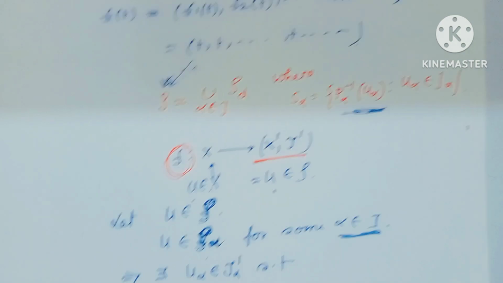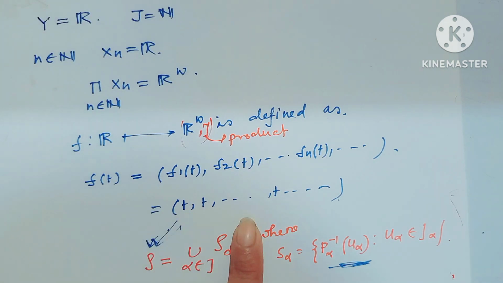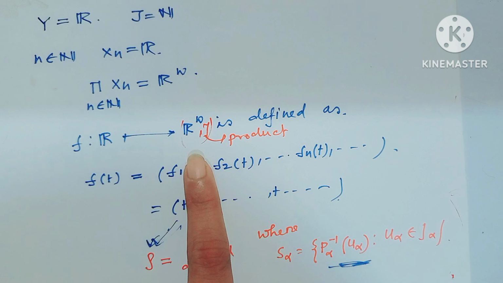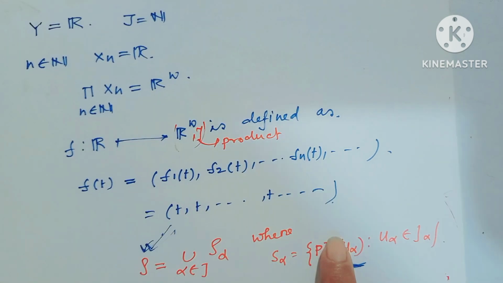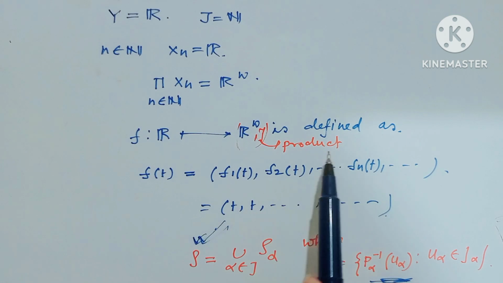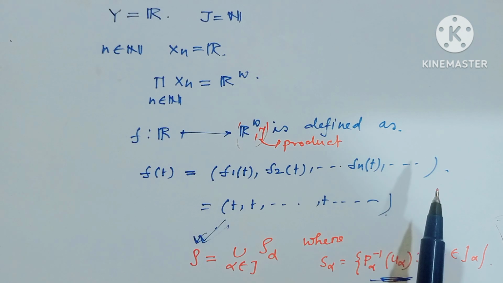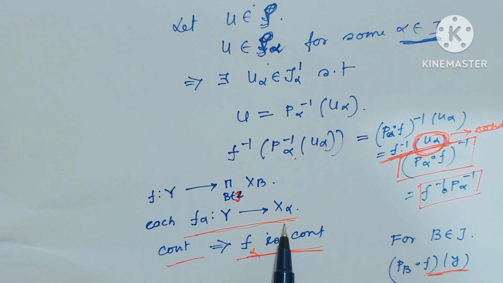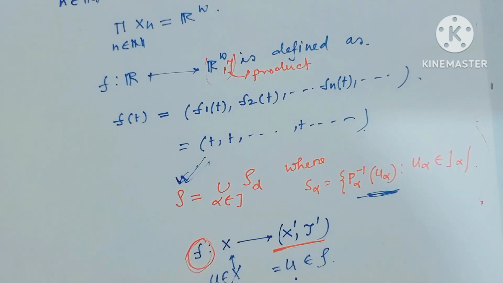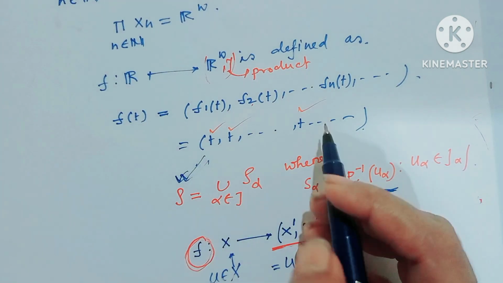Therefore, now let's come back to our original question. Here f(t) equals (t, t, ...), where the topological space is the product topological space. Since this is defined in the product topology, and we all know that for mappings into a product, if each component is continuous, then f is continuous. Here f1(t) equals t, f2(t) equals t, and so on; this is the identity function.